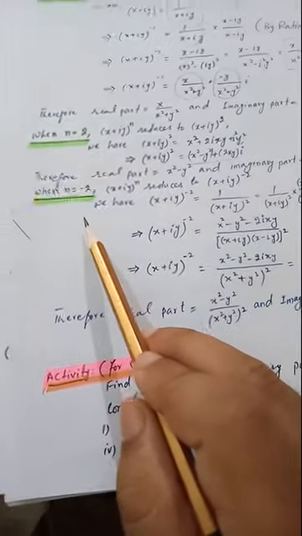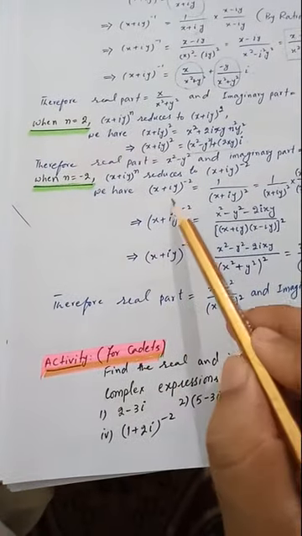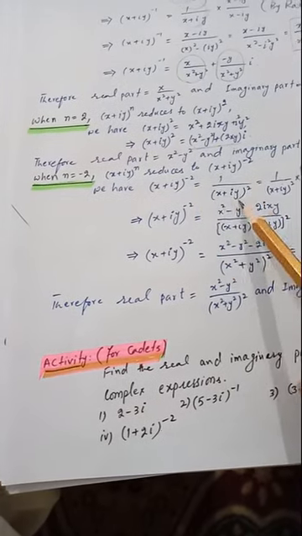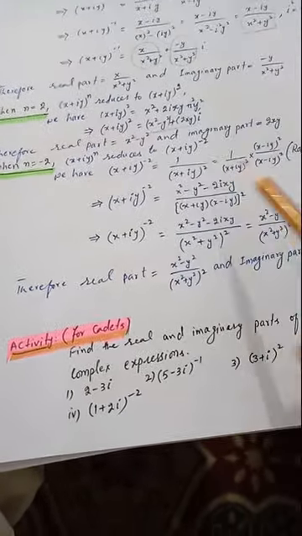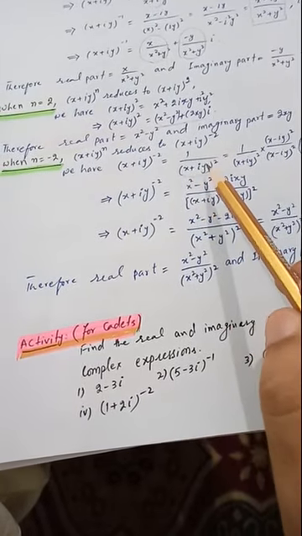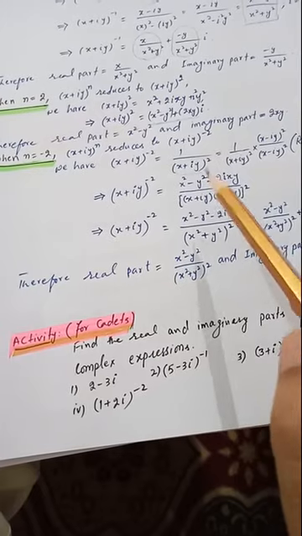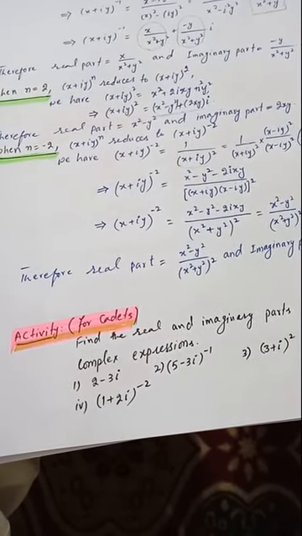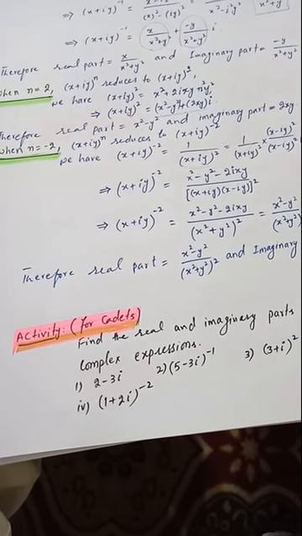Whenever you consider n equal to minus 2, that will become x plus iota y power minus 2. So that will be 1 divided by x plus iota y whole square. Now take the conjugate of this denominator, because this is the division of two complex numbers. So you must do the process of rationalization to make the denominator real.